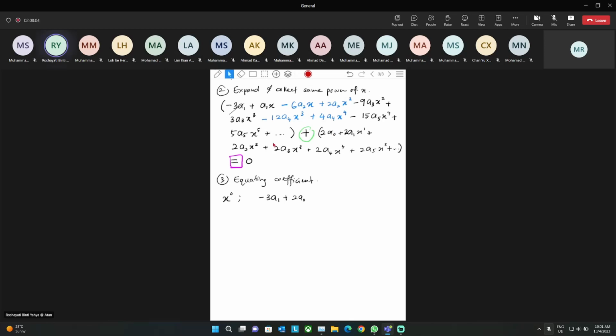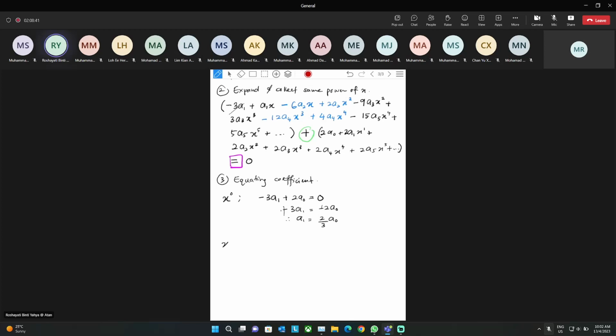Okay, any more? This is from your left hand side and then equal to 0. Okay, equal to 0. So negative 3a1 equal to negative 2a0. So you can cancel this negative. So a1 equal to 2 over 3 a0. This is a1.